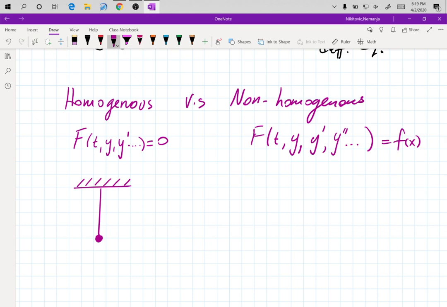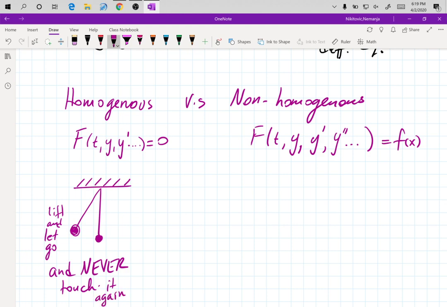So what you do with this system is you lift the system and let go. And never touch it again. Right? So that is the left hand side.